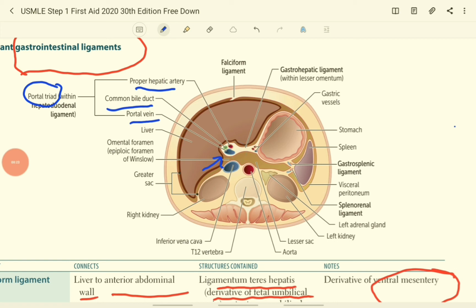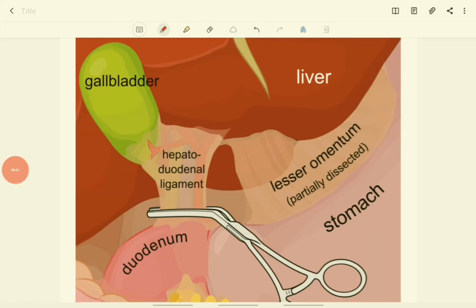This area is called the epiploic foramen or omental foramen. If we compress this area, we can prevent the leaking of blood from the proper hepatic artery. Here is the image that shows the hepatoduodenal ligament that connects the liver to the duodenum.